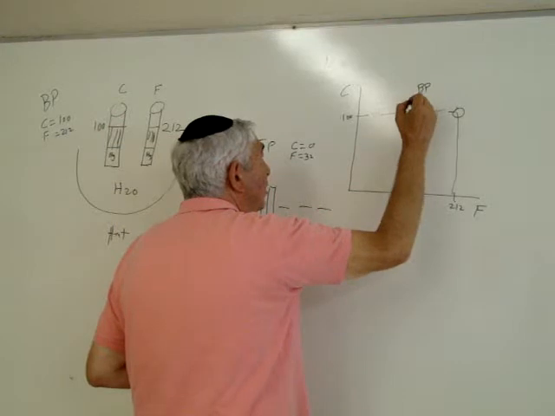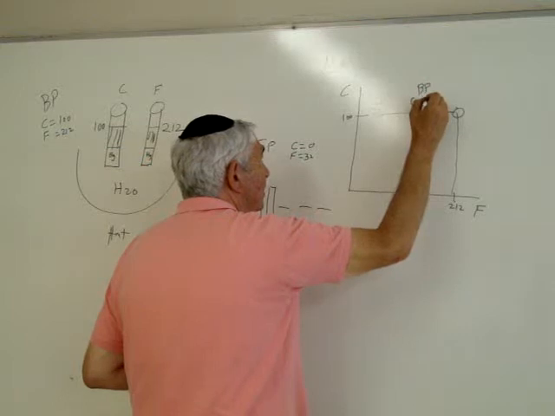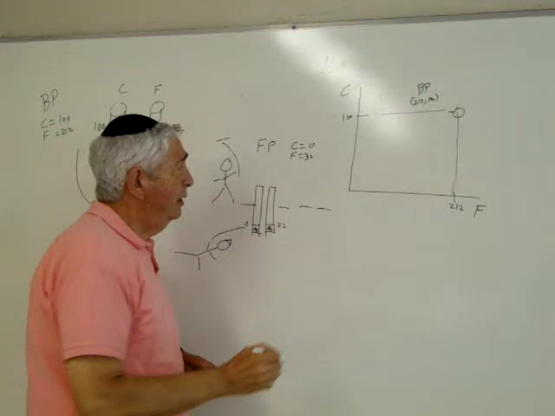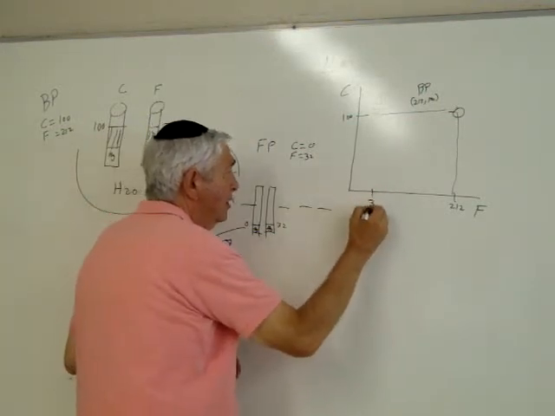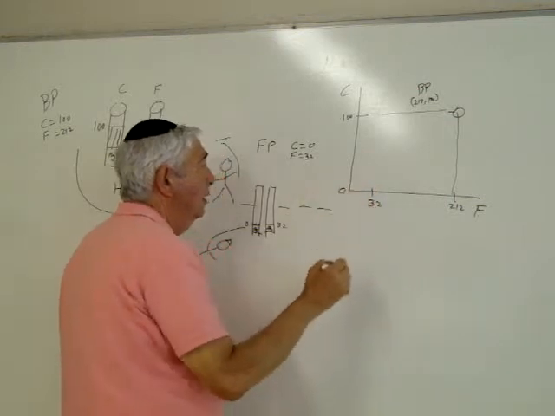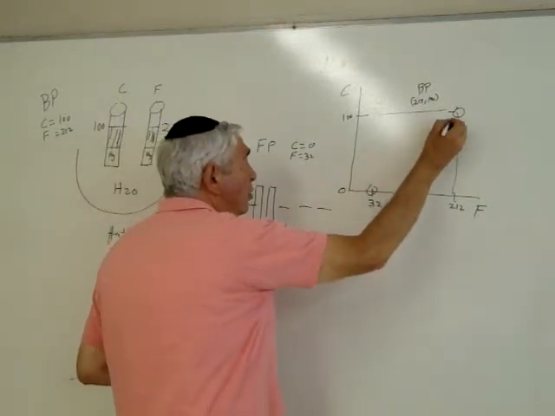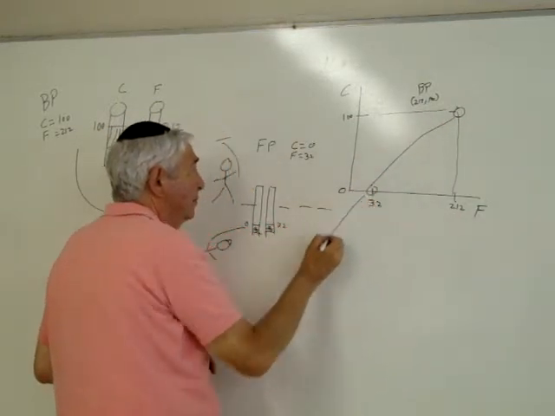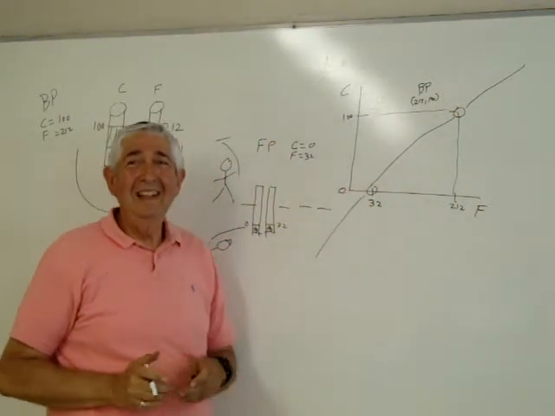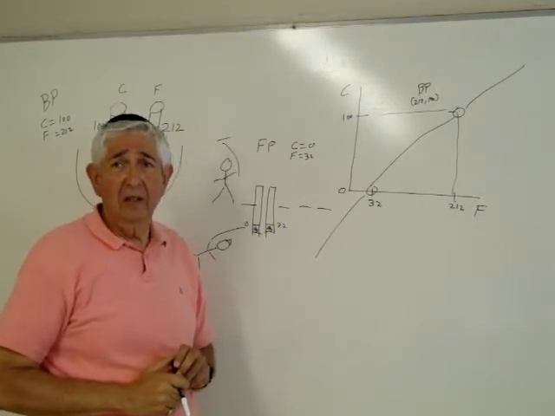Boiling point, Fahrenheit is 212, Celsius is 100. Okay, what about the freezing point? The freezing point is where the Fahrenheit is 32 and the Celsius temperature is 0. Okay, 2 points determine a straight line, and I'm going to draw a straight line. Actually, it doesn't look so straight, but it's supposed to be straight. And the question is, what is the equation of the line?